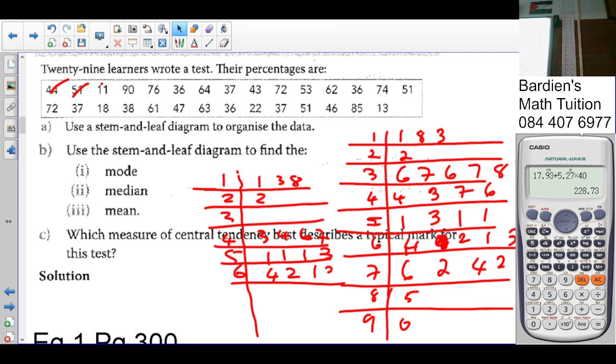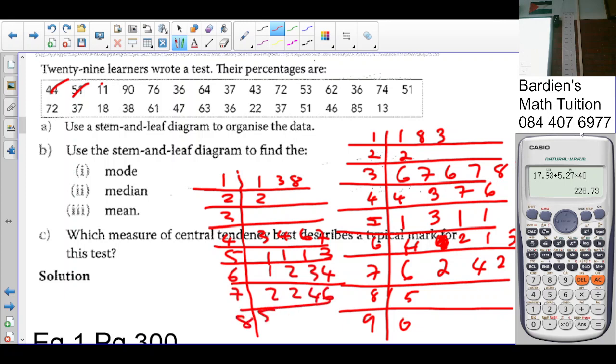Organize it. Little 6. What should row 3 read? 6, 6, another 6, triple 6.